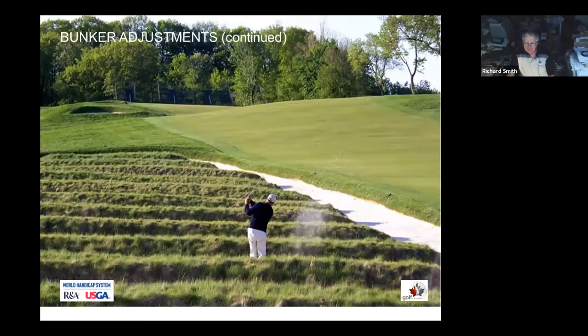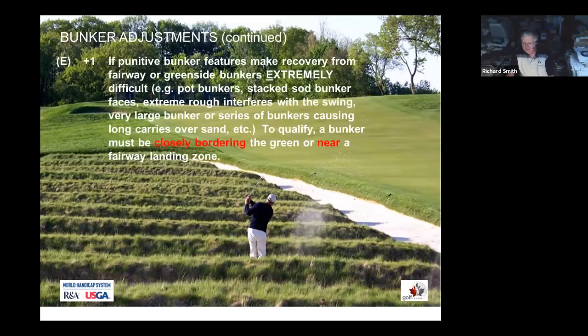More adjustments. The church pews. Punitive bunker features making recovery from the fairway or from greenside bunkers extremely difficult, i.e. pot bunkers, sod-faced, revetted faces, extreme rough interfering with your swing, very large or a series, etc. To qualify, closely bordering the green or near a fairway landing zone.